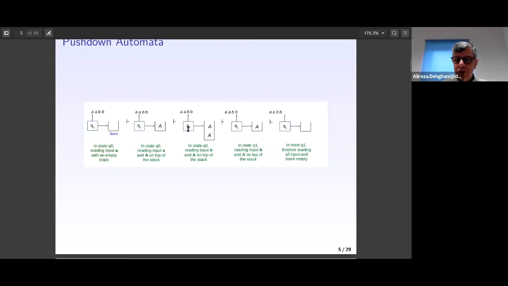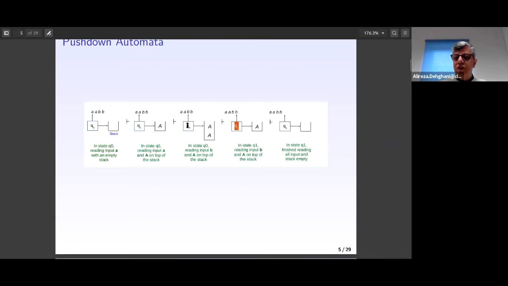And then when we are in Q0, we read character B, we are in state Q1. So that's the first thing. If you are in state Q0, you read character B in here, then you will move to state Q1. That's the first thing that happens. The second thing that happens, as you can see, one of the capital A characters in the stack has been removed.